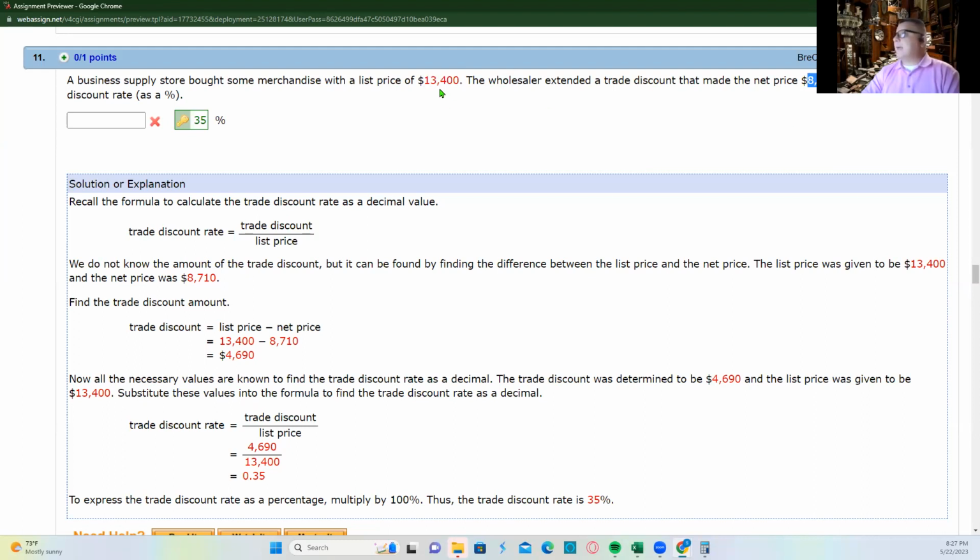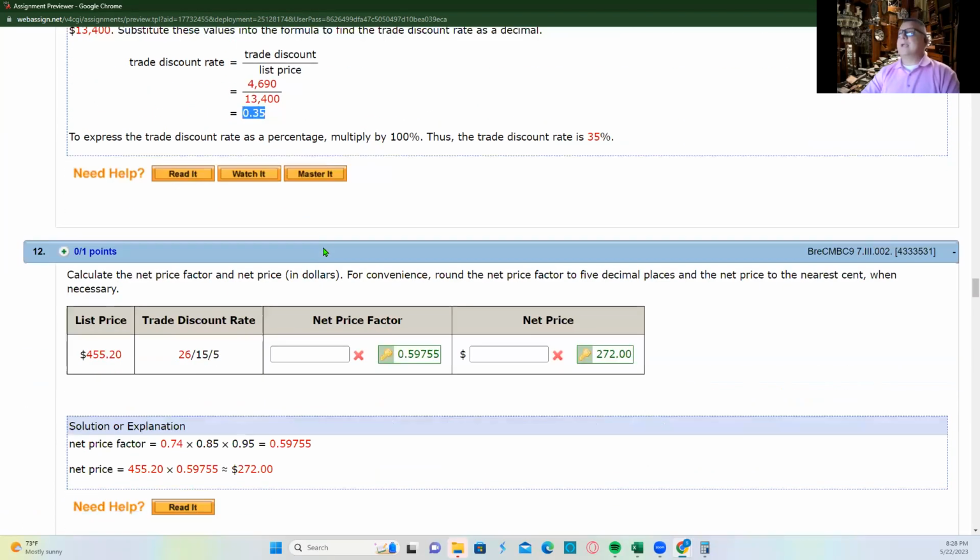You subtract that out to get your trade discount, which is $46.90. $46.90 divided by your list price gives you your rate. Pay attention, if they tell you to round it, to how far they tell you to round it. Easy peasy.